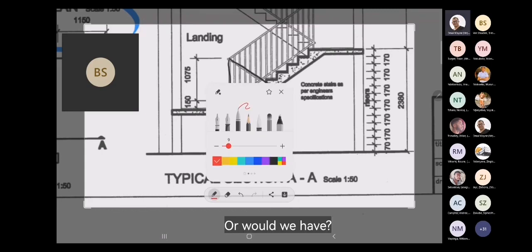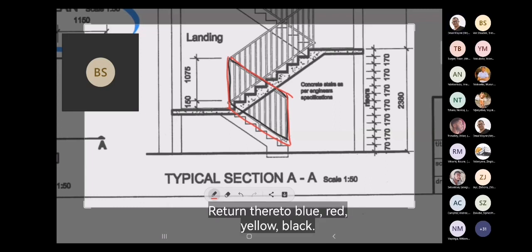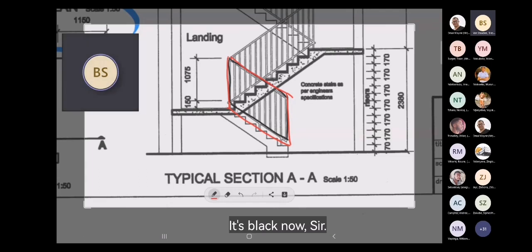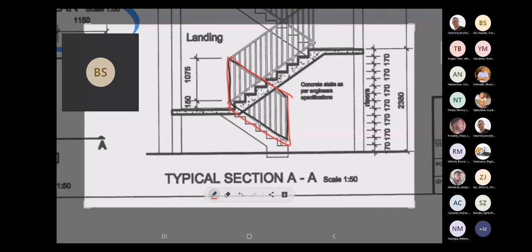Or would we have it measured which one? Red or blue? Red or black? It's black now, sir. Is it black now? Hey, you like a color, you change your mind quickly.